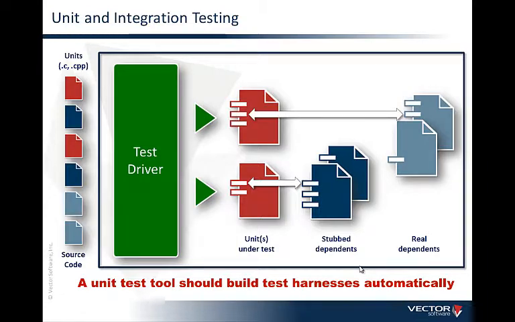So we provide the red code. The grey code is object or library code that we provide. And the test tool will automatically write for us the green code and the dark blue code. And that will make an executable, which is a native executable for the test tool. So that might be an x86 Windows or Linux application.